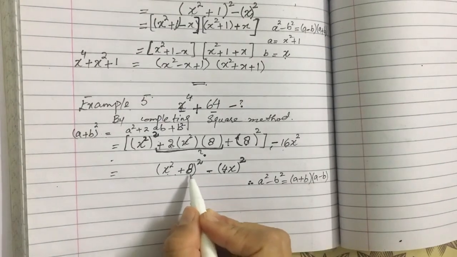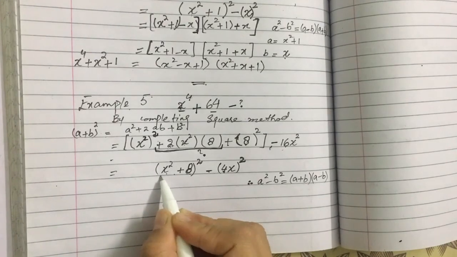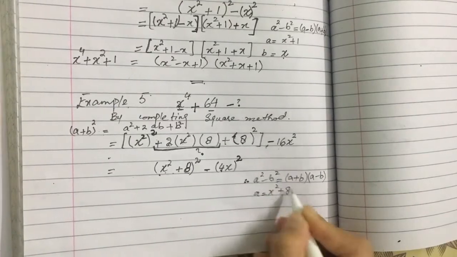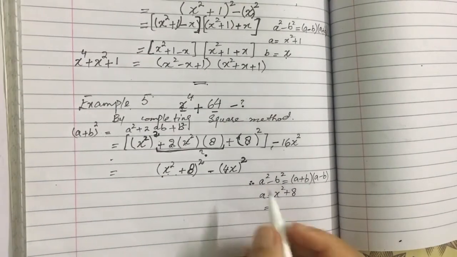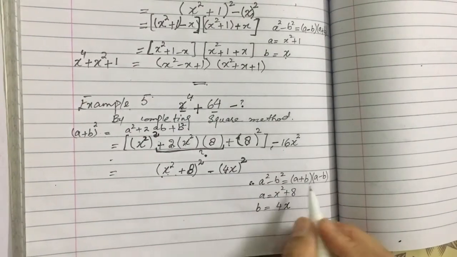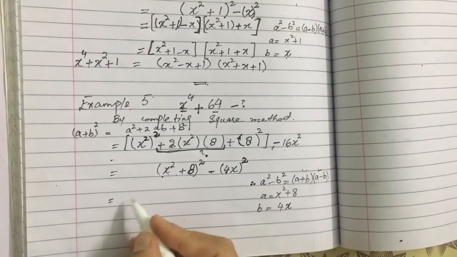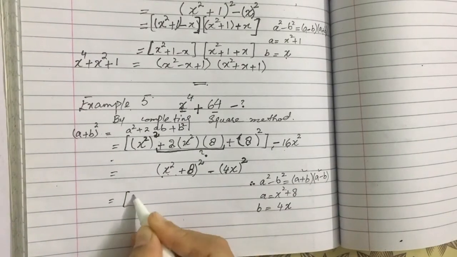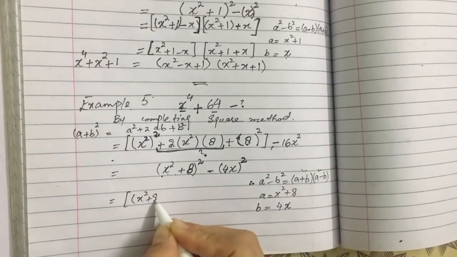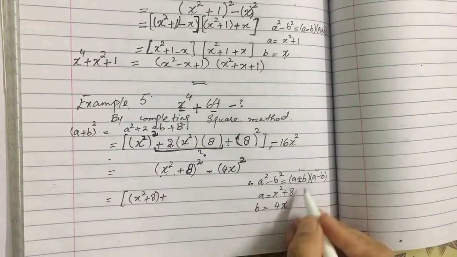Now we have to find out the values of a and b from this expression. The value of a is the first term without square. A is x square plus 8, and the value of b is the second term without square, that is 4x. Now we will put our values in these two factors. A plus b: the value of a, x square plus 8, plus comes from the formula, b means the value of b.